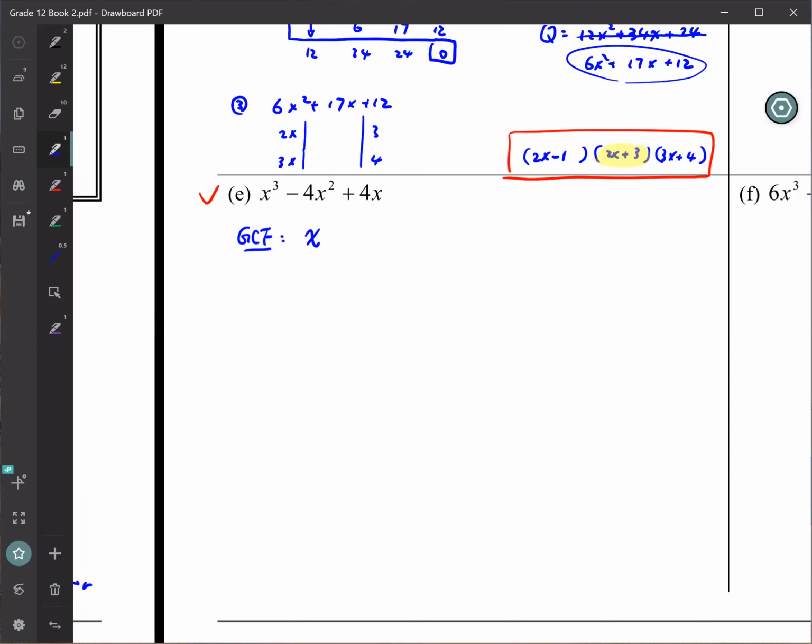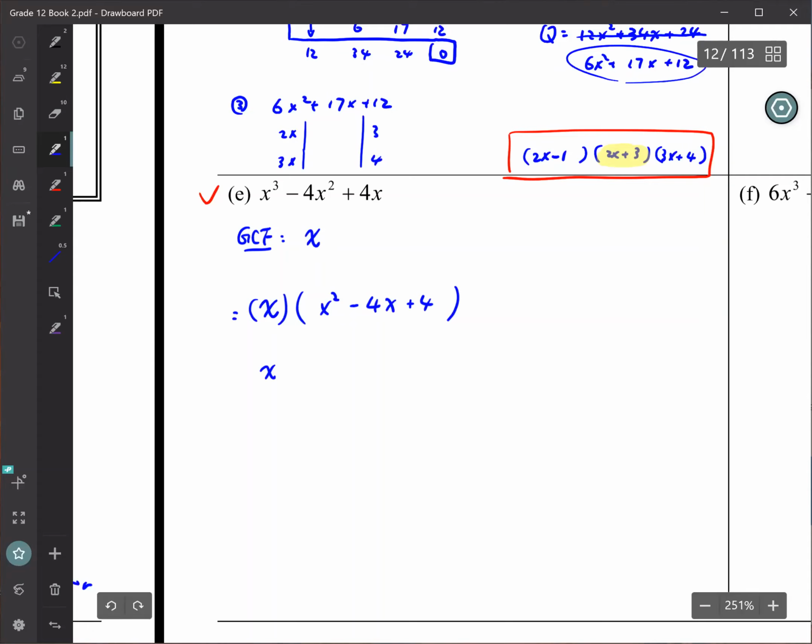If the coefficient is also a GCF, you can take that out as well. In this one, the coefficient is just 1, right? So you just take one X out. So you're left with X times X squared minus 4X plus 4, right? And then you want to continue to see if it can be factored further.